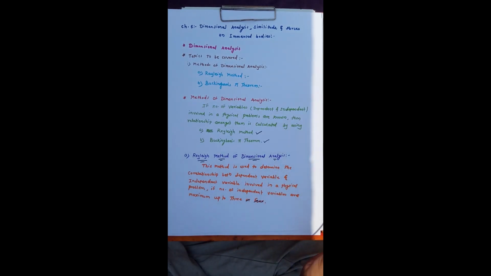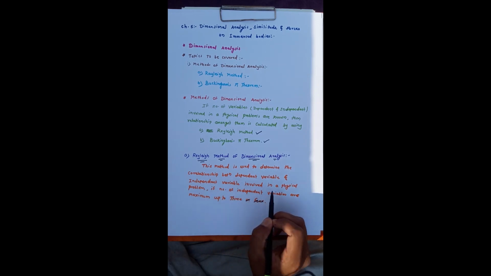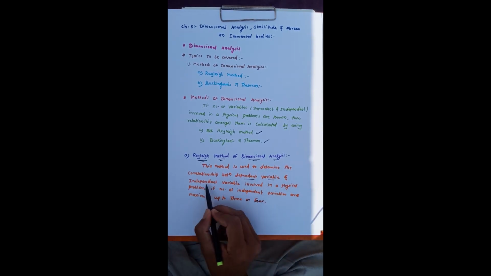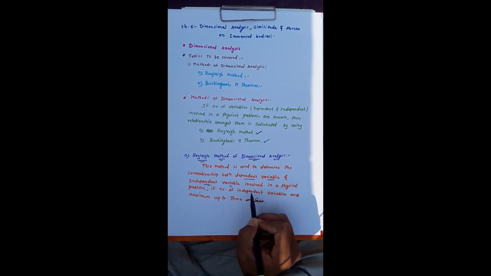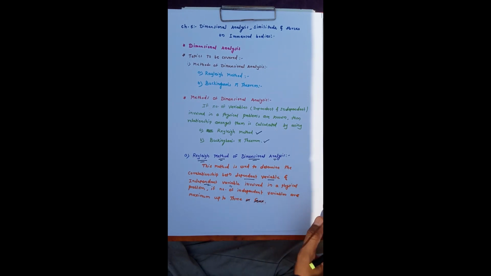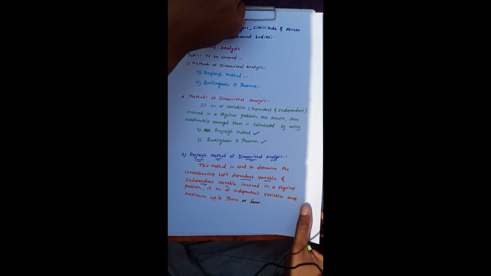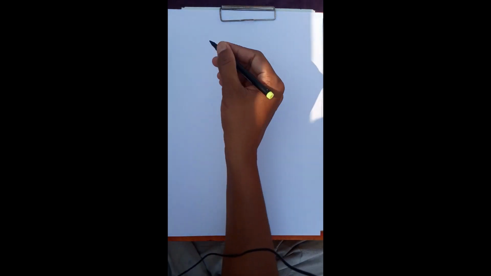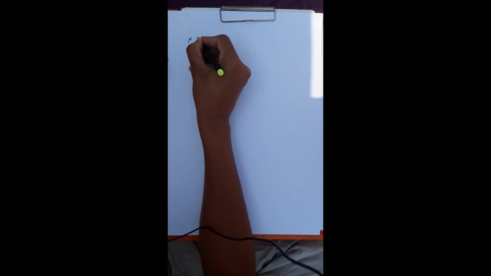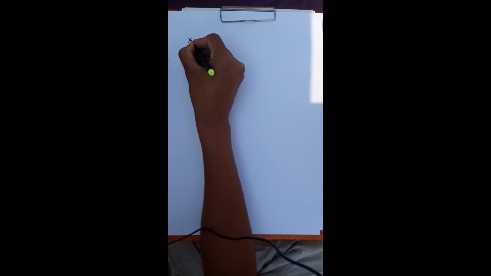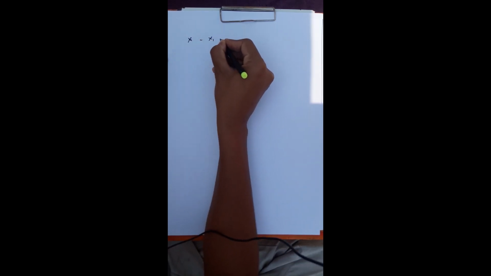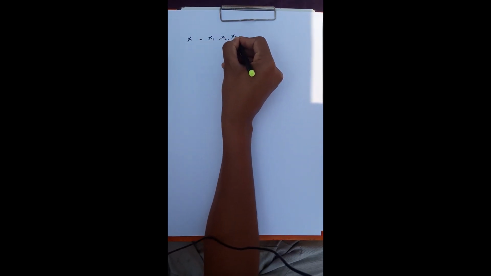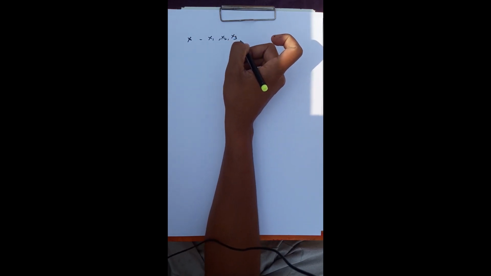This method is used to determine the correlation between the dependent variable and independent variables involved in a physical problem if the number of independent variables is a maximum of 3. To understand this, let us consider x as a dependent variable that depends upon x1, x2, x3.